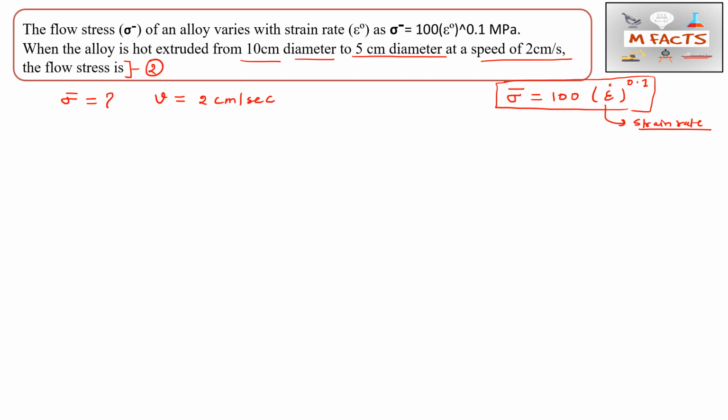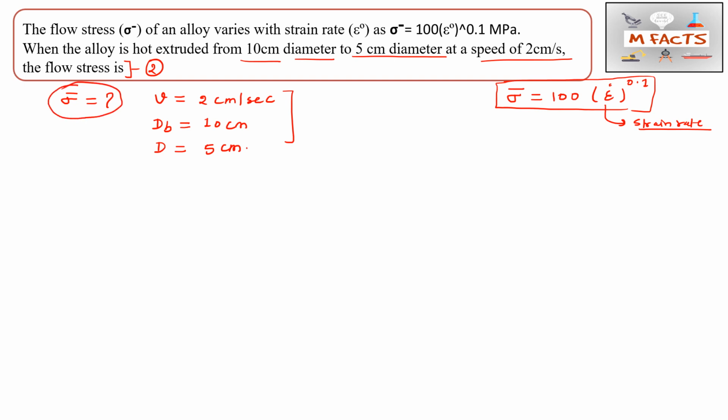The diameter of the billet, that is dB or initial d, is 10 centimeter, and the diameter gained after the hot extrusion is 5 centimeter. So you can take simply d as 5 centimeter. These all are given data here, and they are asking about this sigma bar value.